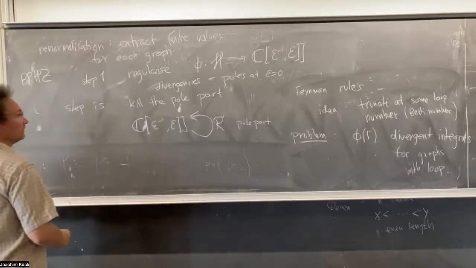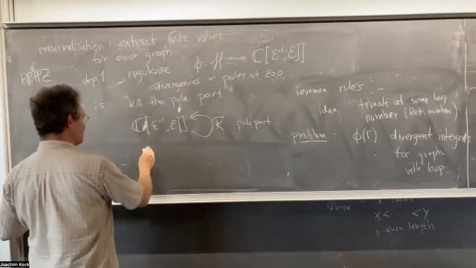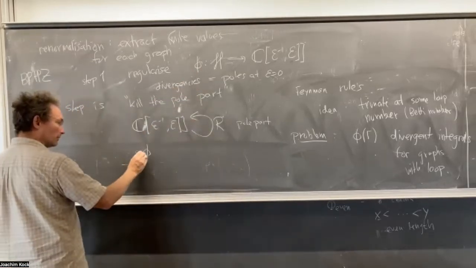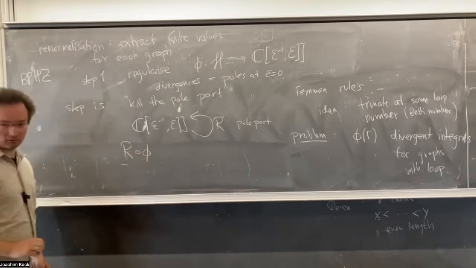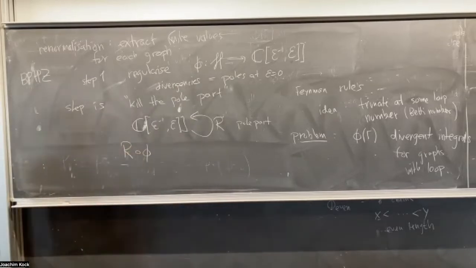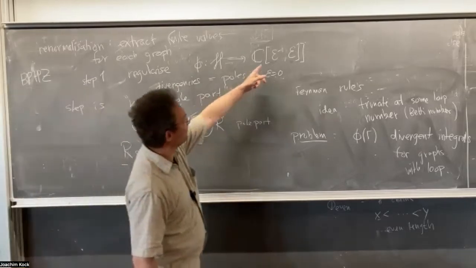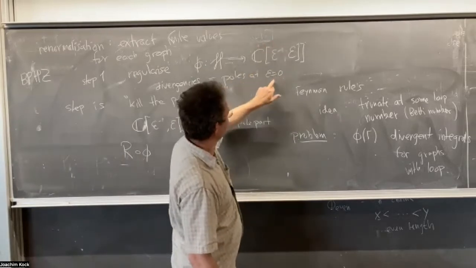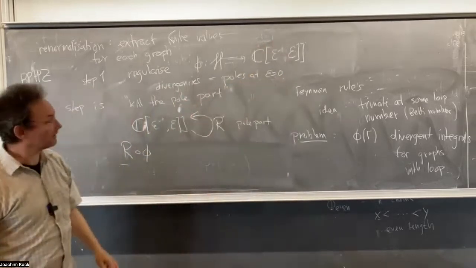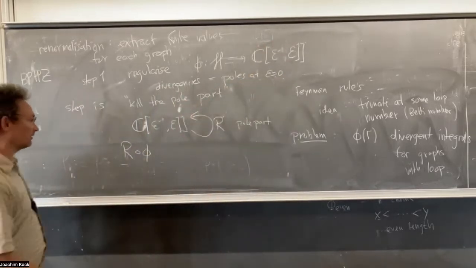So you would like just to take your Feynman amplitude and then just post-compose with R. That gives you something which is just a power series now, and now you could evaluate at 0. But this does not work.